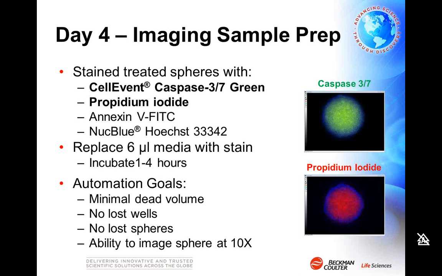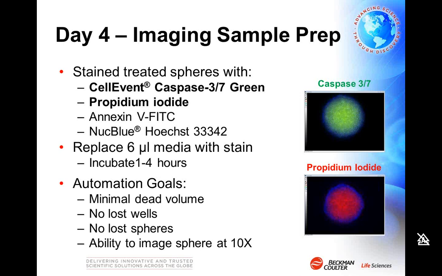Essentially for the sample prep, it was very straightforward. Much like the compound addition, all we did was replace 6 microliters of the media with 6 microliters of the staining reagent. We then incubated the spheres for 1 to 4 hours, and basically imaged at multiple time points. Again, the automation goals here were to, 1, minimize the dead volume of our staining reagent, because some of these can be very expensive.